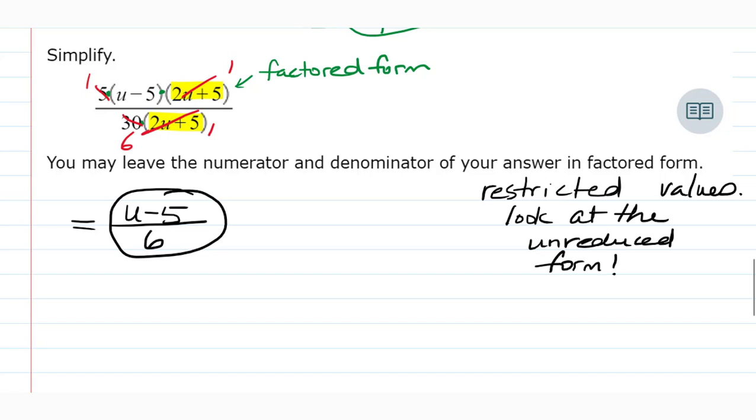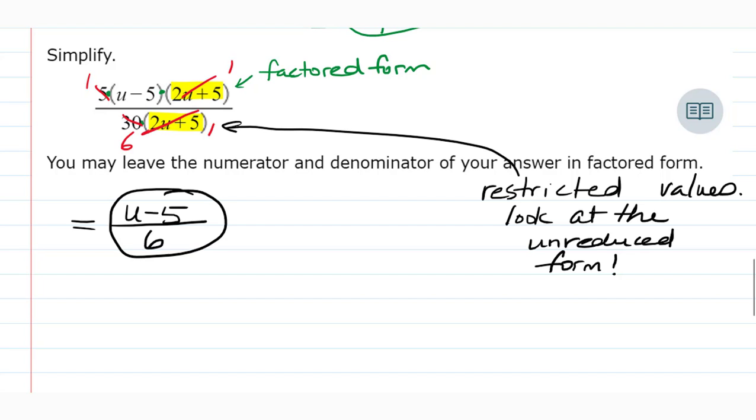Don't wait until the end, because if you look at the end, it looks like there's no restricted values because there's not even a variable in the denominator that could possibly cause it to equal 0. So if you were to look for restricted values, you'd have to go back to this form up here. Now, this particular problem did not ask me for the restricted values, but sometimes they will. They'll ask you both to reduce and to find the restricted values.